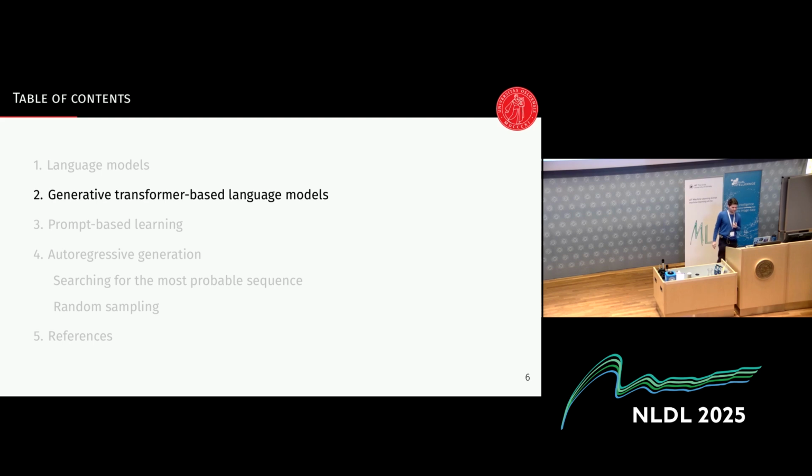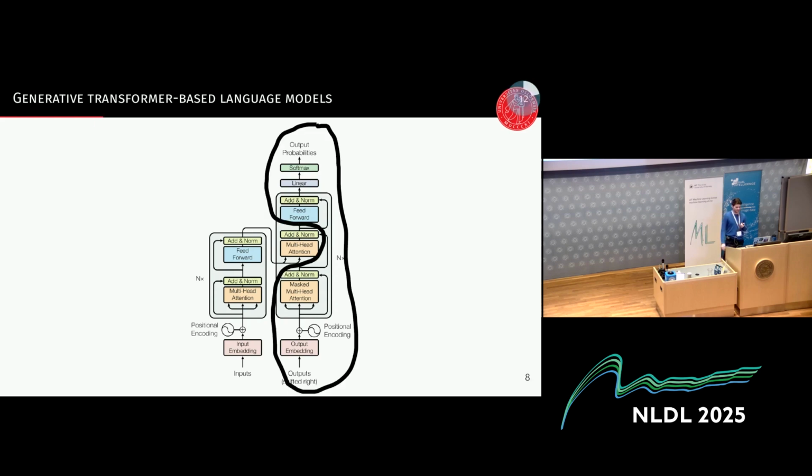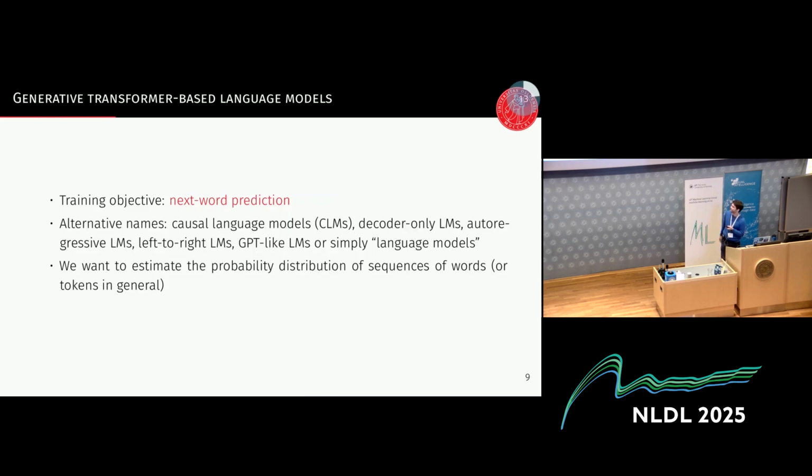Okay, so let's move to these generative transformer-based language models. We will use transformers nowadays, and specifically for these generative models, we will just use the decoder part, as was already covered. The task of these models is next word prediction. Given some prefix, estimate the probability of the next word, which is basically the conditional probability that we saw earlier.